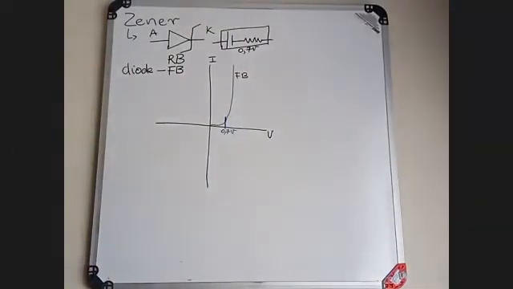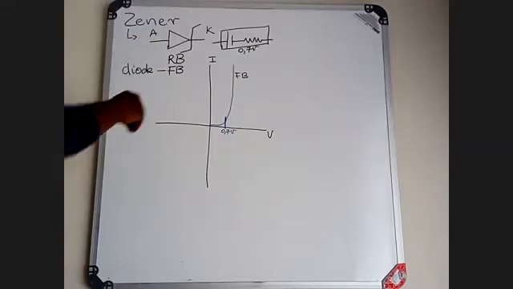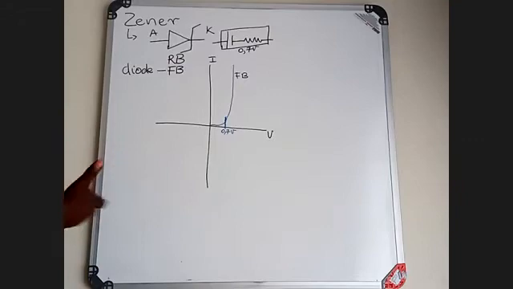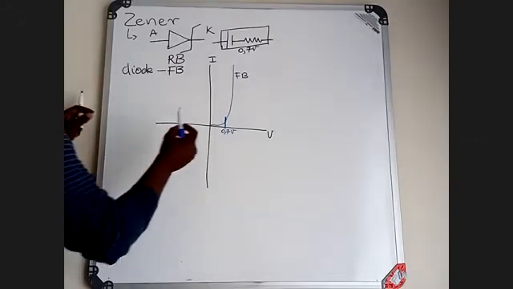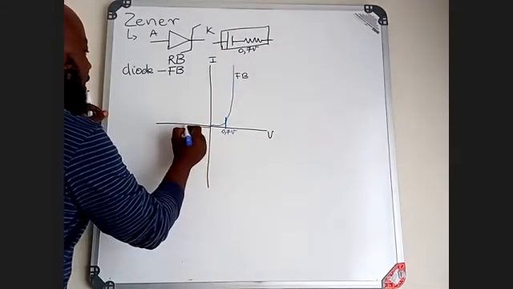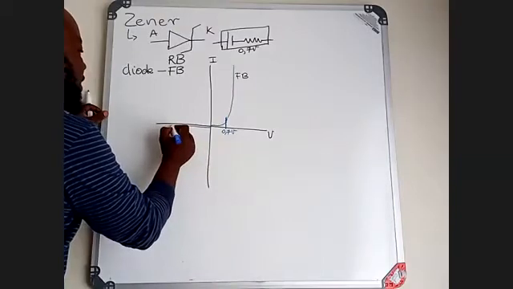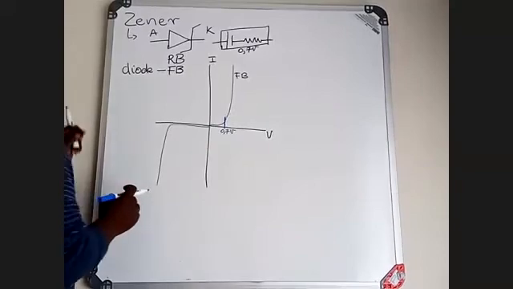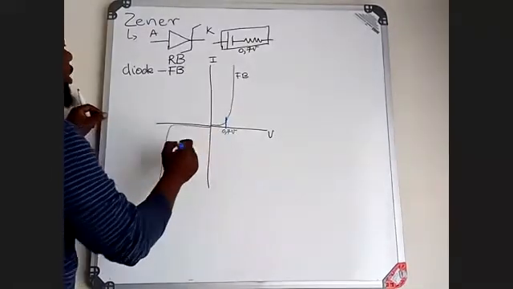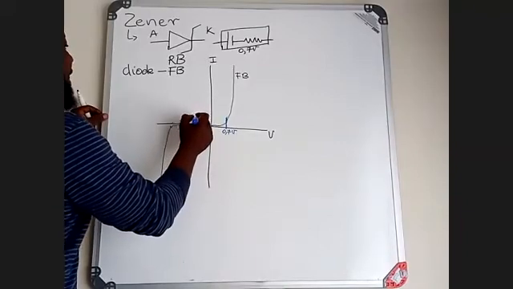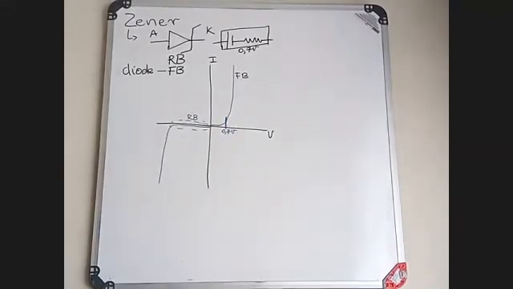Now, during reverse bias mode on a normal diode, the voltage within this component is on a reverse bias, which means it is an open switch.